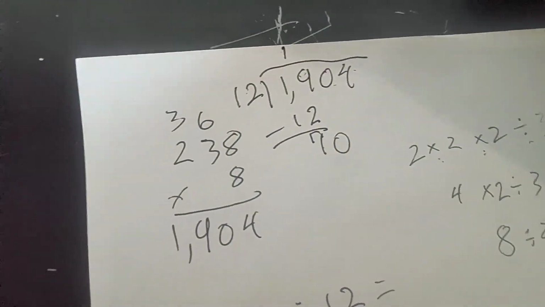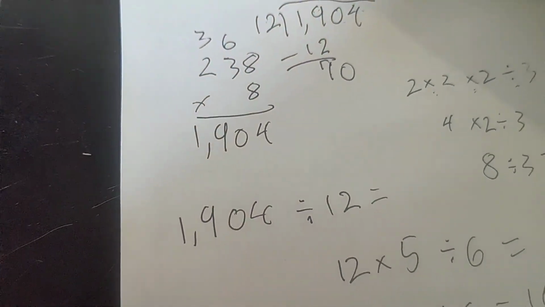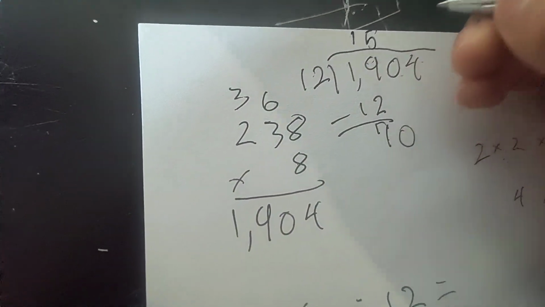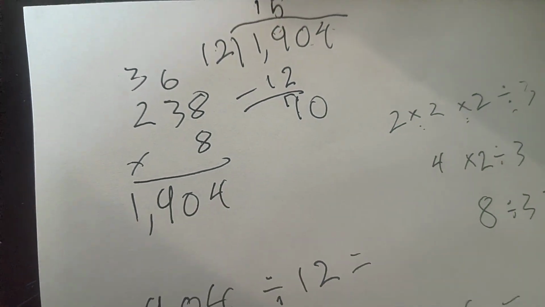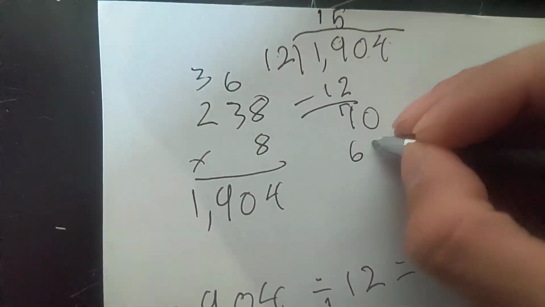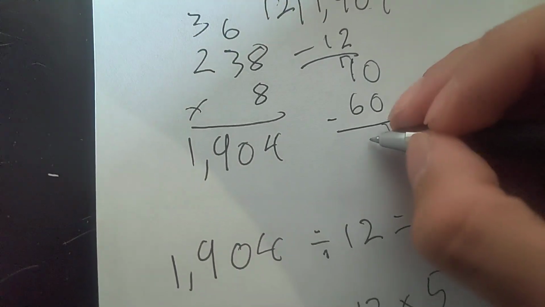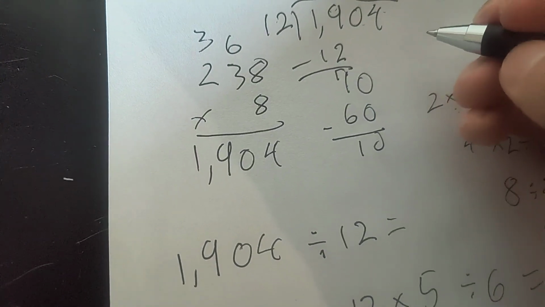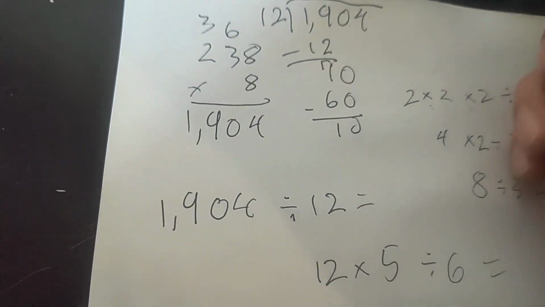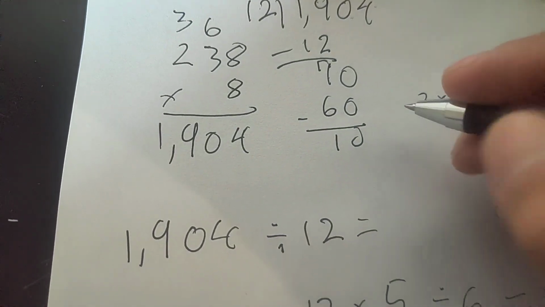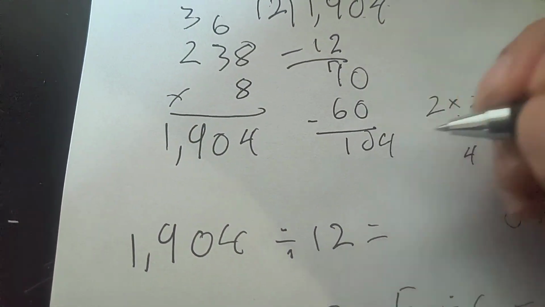That's 70. 12 can go into 70 5 times. 12 times 5 is 60. Okay. That's 0, and that's 1. It's 10. Okay. That's 10, yes. And we drop the 4.